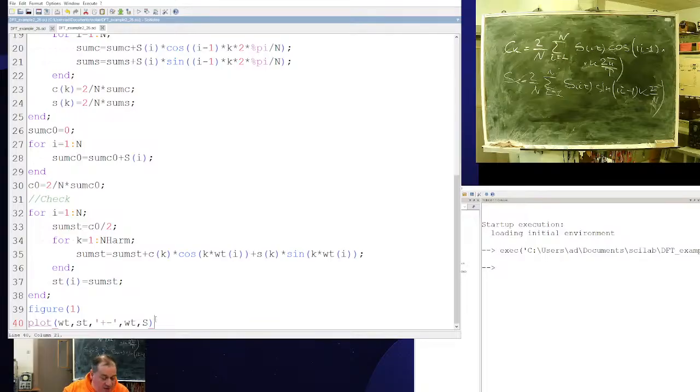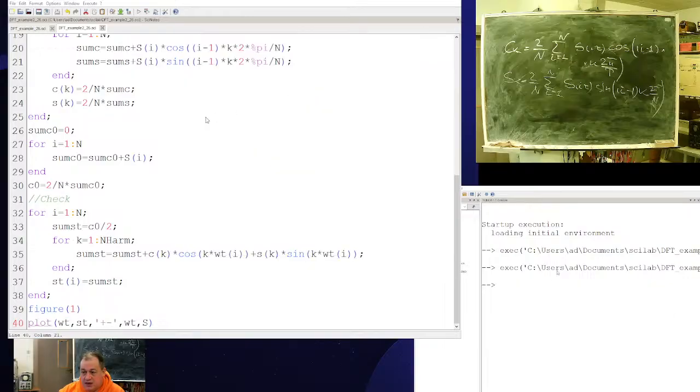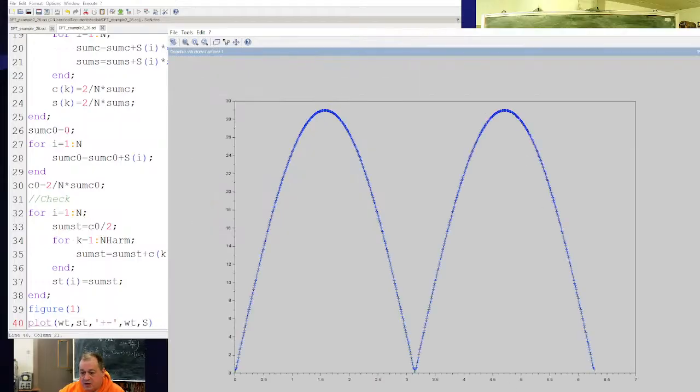If not, I made something wrong. Let's try to see it. Here is the table of my signal, and here is my result.